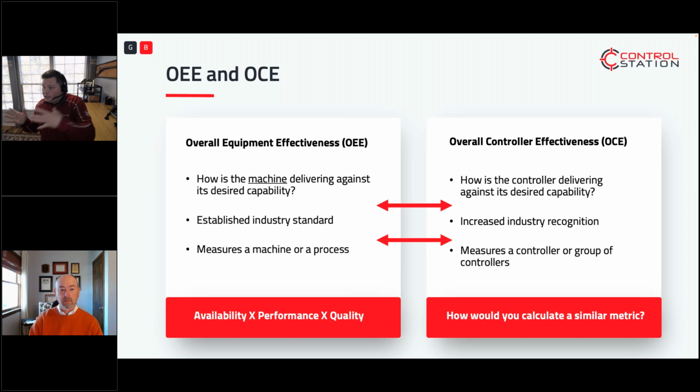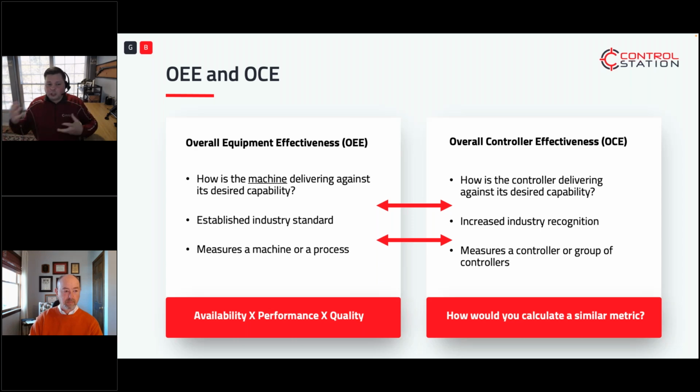Because OEE is the percentage of time that piece of equipment is truly productive, right? And we want to try to come up with an analog for the controller. What is the percentage of time that a PID controller is truly productive, that is, doing its job to its full potential without any issues? So try to come up with an analog there.